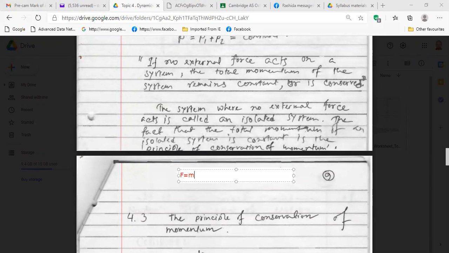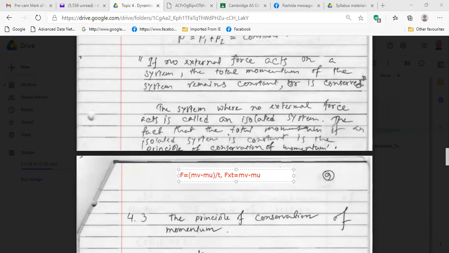F equals (mv minus mu) divided by t. So this equation we already got, we can write this way: F multiplied by t equals mv minus mu.